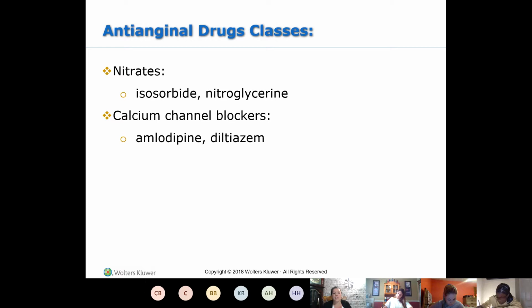We're going to do a lot of teaching to our patients about nitroglycerin because it's the mainstay dilator with acute chest pain. It's the mainstay of treatment. Calcium channel blockers. Remember they end in PINE. Y'all already know that. And the outlier is diltiazem. Okay.